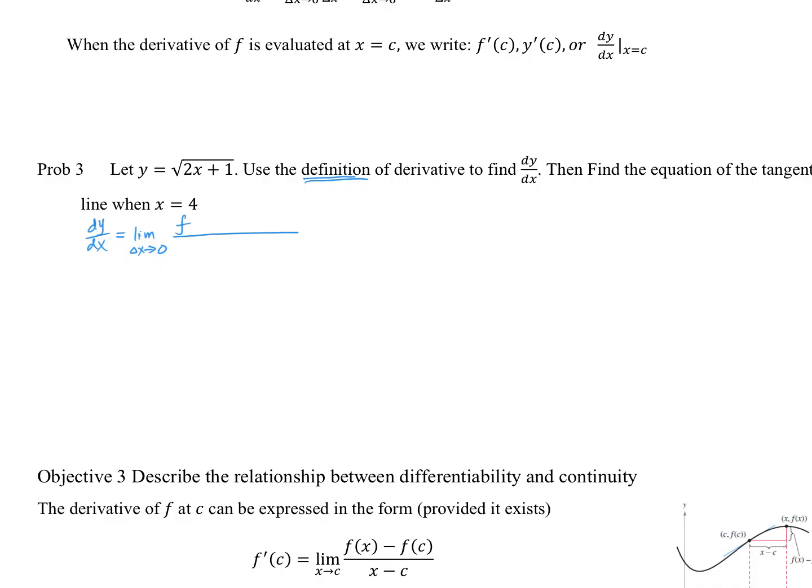So f of x plus delta x minus f of x divided by delta x. Let's start with the formal definition. Now, time for us to plug in and evaluate these two using this function here.